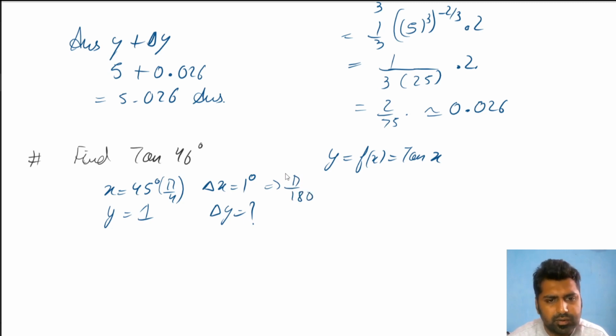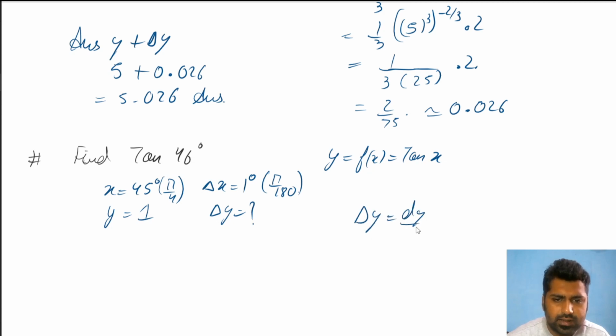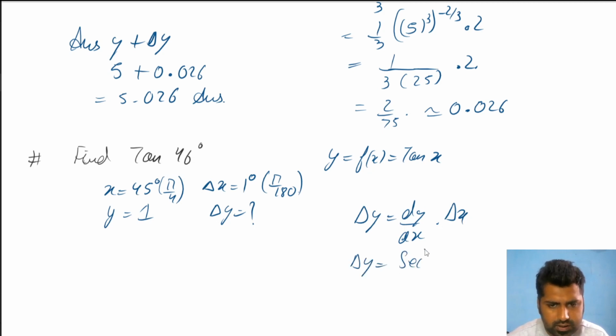Multiply by pi by 180 radian. Because we'll be multiplying with delta x. So delta y is dy by dx into delta x. So delta y is dy by dx is sec square x into delta x is pi by 180.